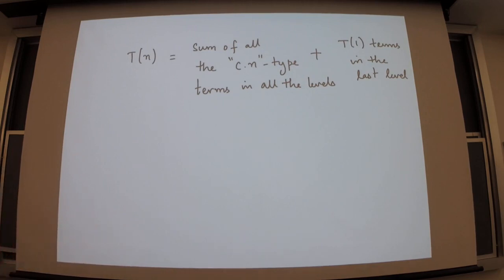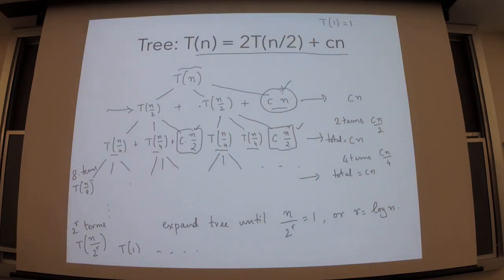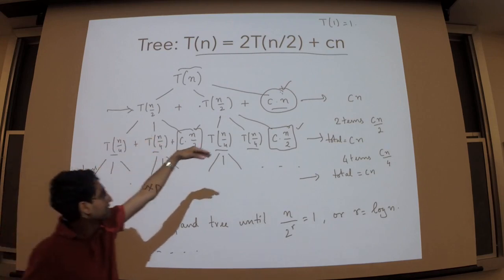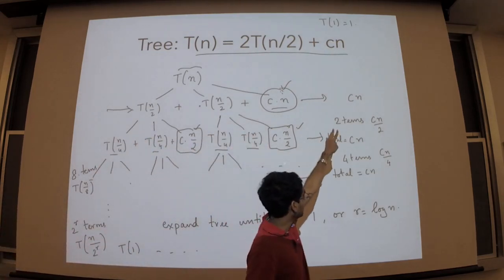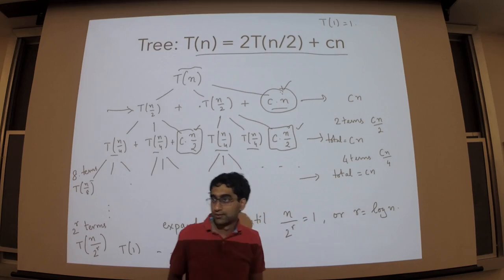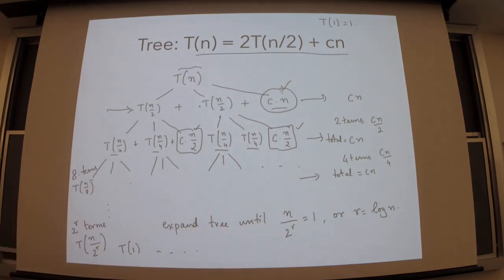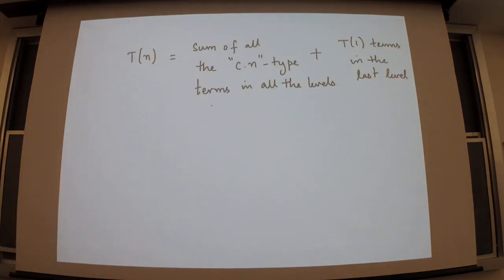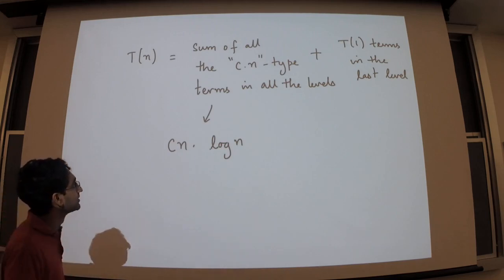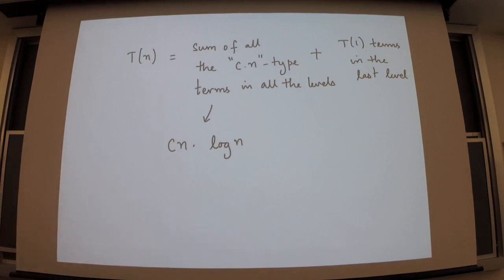Now I've already told you that in each level, these C times n type terms add up to exactly Cn. The first level is Cn, next level you have two terms of Cn by 2, and so on. So this part would add up to Cn times log n, because r is log n, the number of levels. And how many T of 1 terms are there in the last level?